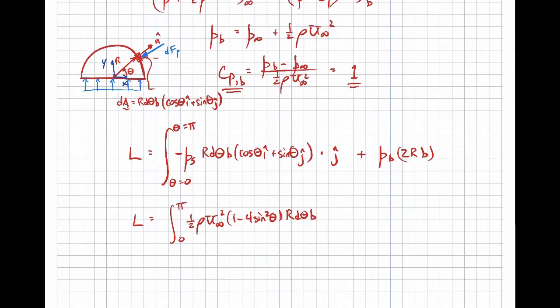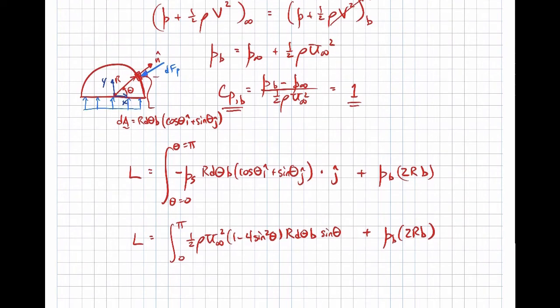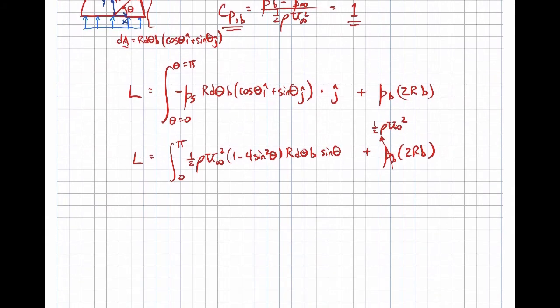When you do this dot product, you just get the sine theta component. And then we can solve that integral. Oh, in the PB, I should probably write what that is in terms of gauge pressure. It's just a 1/2 rho U infinity squared. So let's just simplify it a little bit further.